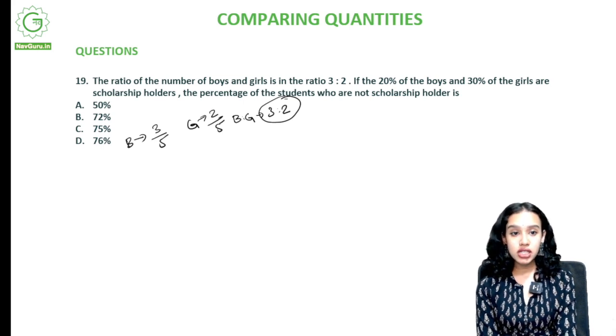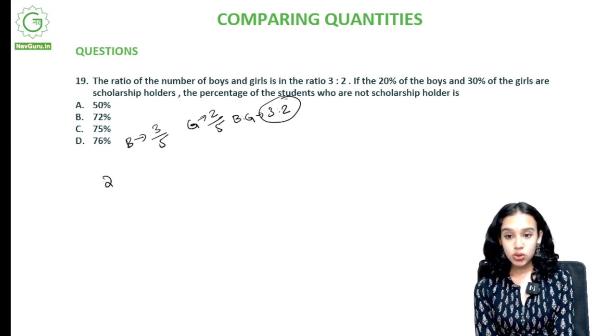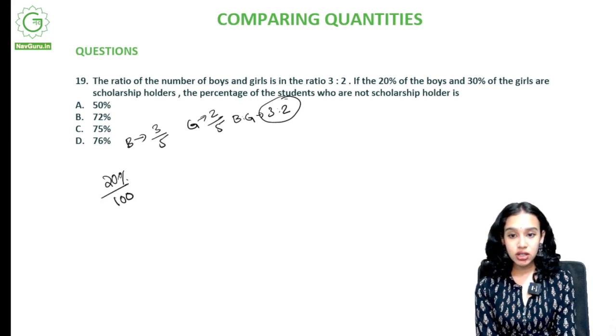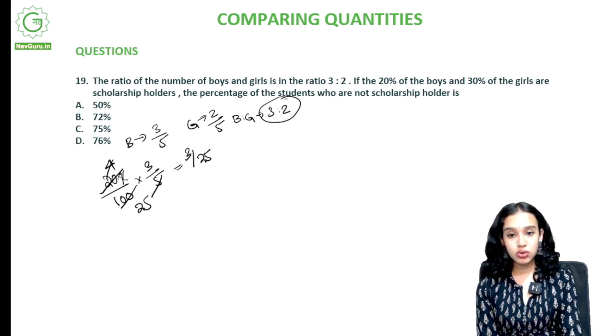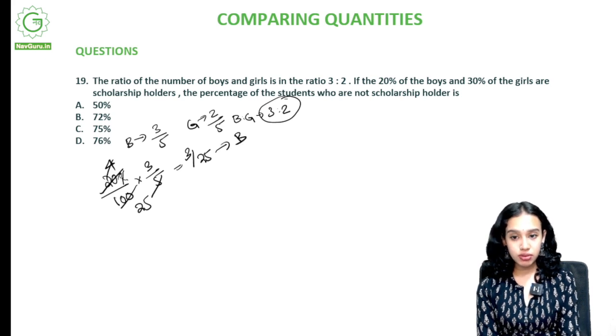So 20% of the boys out of this are scholarship holders. So 20 by 100 of 3 by 5 are the scholarship holders. So we could cut out 5 and 20 to be 4 and 4 and 100 to be 25, and we get 3 by 25 of the students are boys who are scholarship holders.